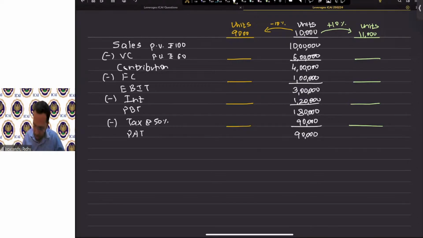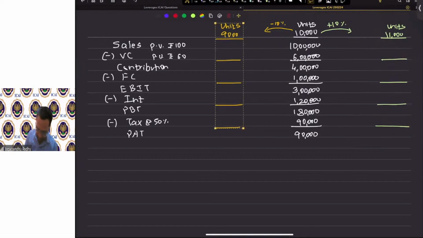Okay, so just try to calculate these. I'll give you a couple of minutes. Go through this statement and calculate all these numbers, because based on those calculations itself, we are going to observe what this leverage is all about.